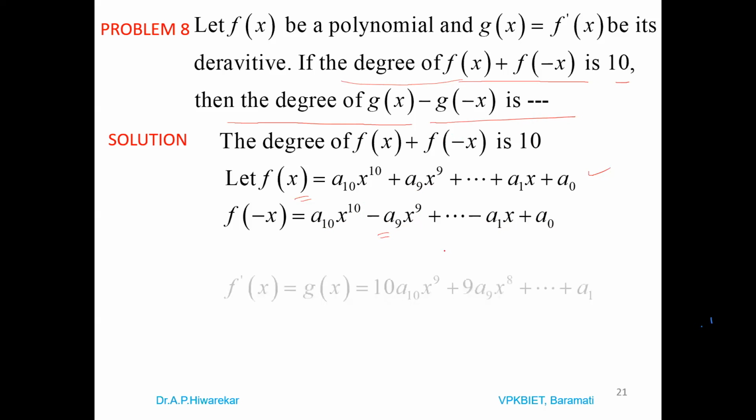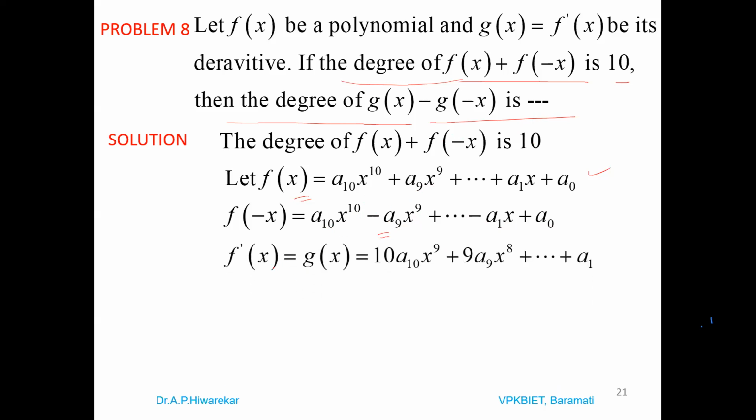Then add them. F dash of x you find, f dash of x is equal to g(x). So the derivative of this quantity is a10 into 10 into x power 9, the derivative of this quantity is 9 into a9 x power 8, and so on. And for g of minus x, as we have got g(x), in this relation you replace x by minus x. So it is minus 10 a10 x power 9 plus 9 a9 into x power 8 and so on.